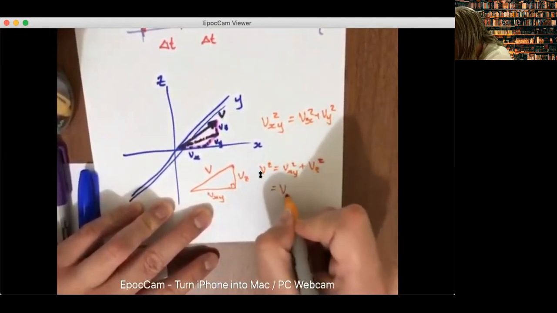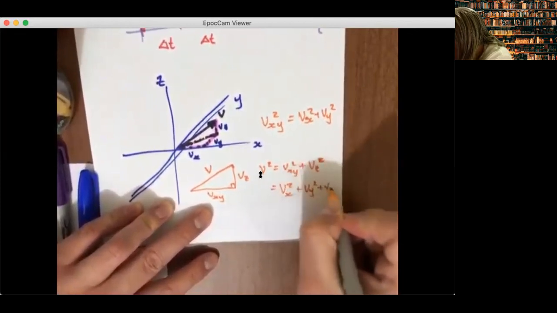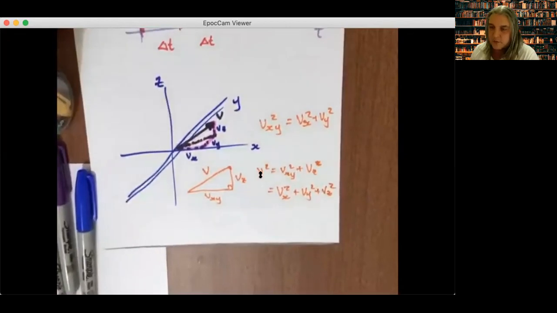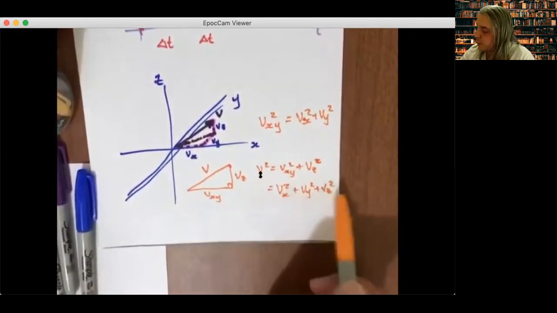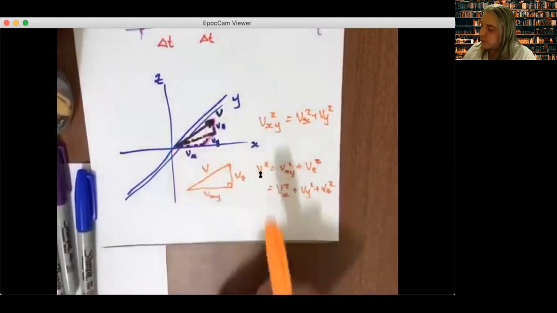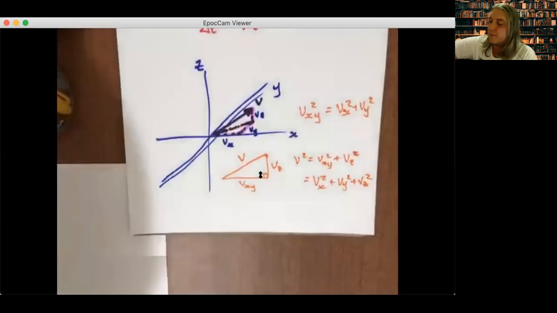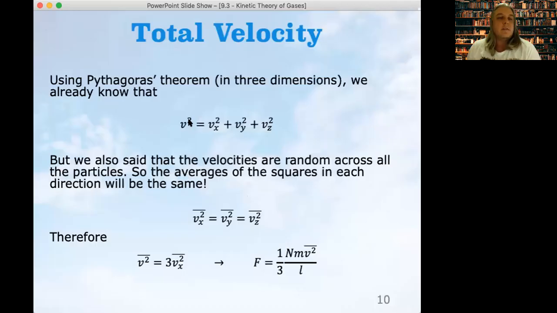This is barely a proof, but it shows you that Pythagoras' theorem does work in 3 dimensions as well. So V squared is still equal to the sum of the 3 component squares, because they're all at right angles to each other. If you're happy with that, I'll jump back to the slideshow. Our velocity vector V squared is equal to the sum of all the components squared.